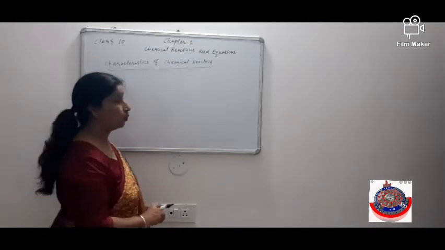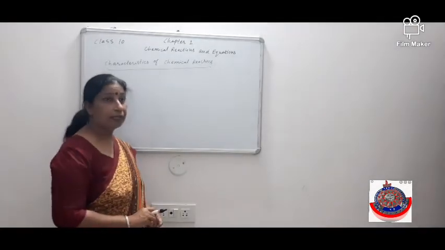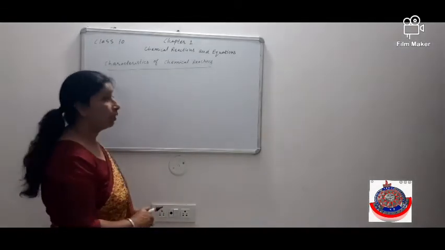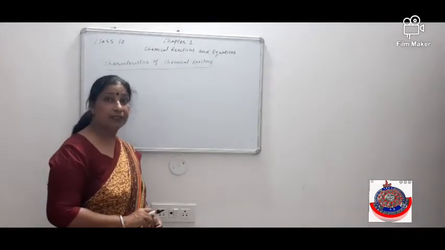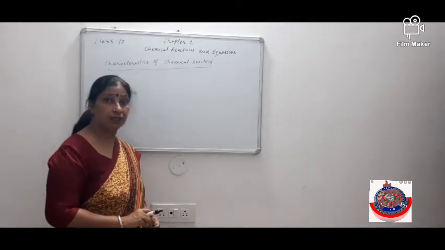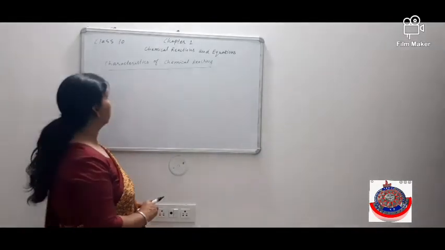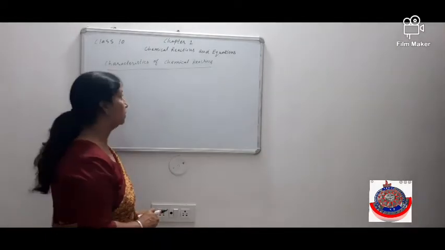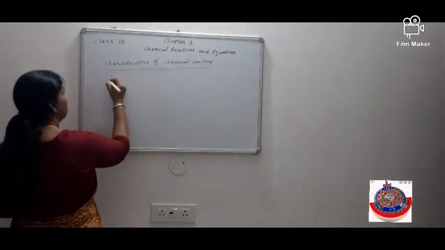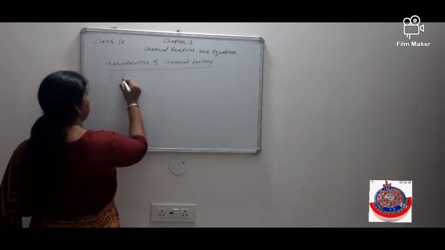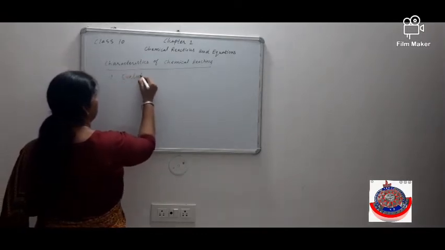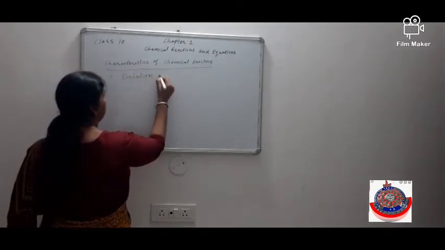Now, characteristics of chemical reactions. Characteristics are the important features which take place as a result of a chemical reaction. The important characteristics of chemical reactions are: number 1, evolution of gas.